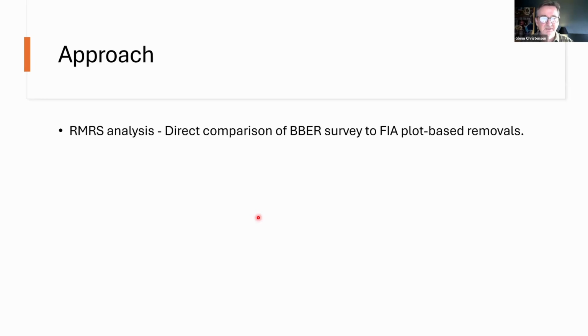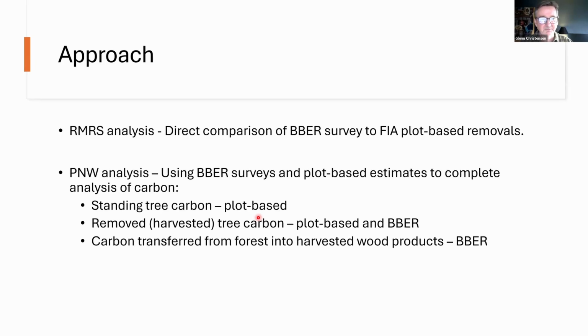Then I'll also be going through a little bit of work we've done at P&W, where we used the surveys and the plot-based estimates to complete some analysis of carbon we've been doing out in the Western states. We use the plot-based estimates from the inventory to estimate standing tree carbon.